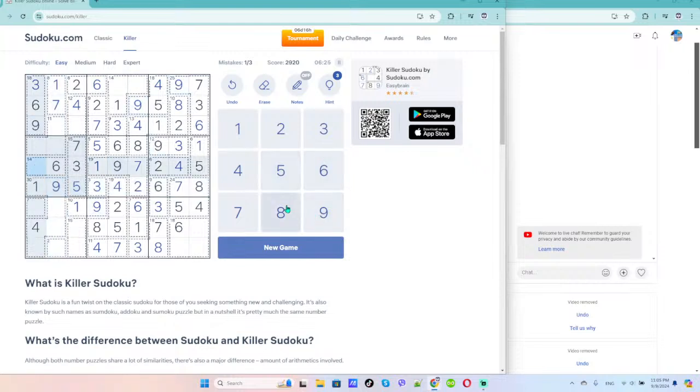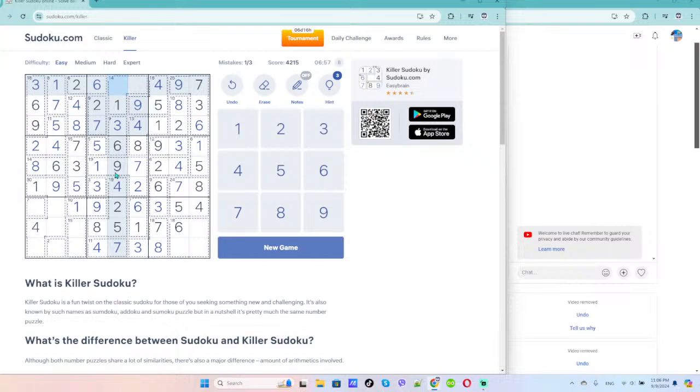Number 8 is the correct solution here. Now I can use numbers 2 and 4. 2 goes here and 4 goes here. If 5 can go here, 5 plus 4 plus 2 equal 11. 8 plus 4 equals 12.